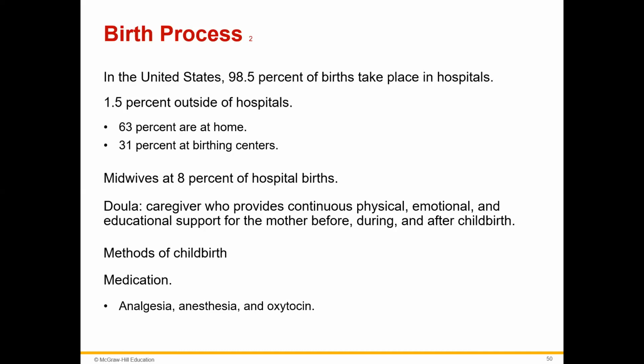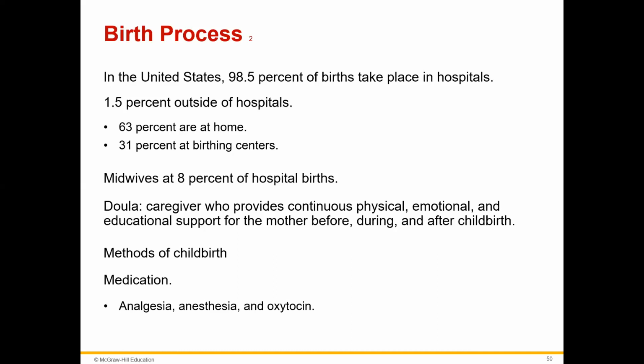Methods of childbirth. Obviously, because we are a medical society and we have doctors delivering our babies in hospitals, many of us also choose to use medication. An analgesia is a pain relief drug, whereas an anesthesia will block sensation, or in some cases you could use it to even block consciousness.